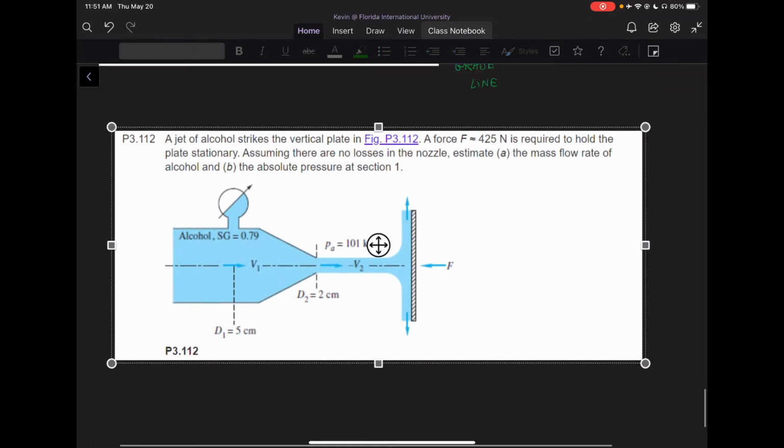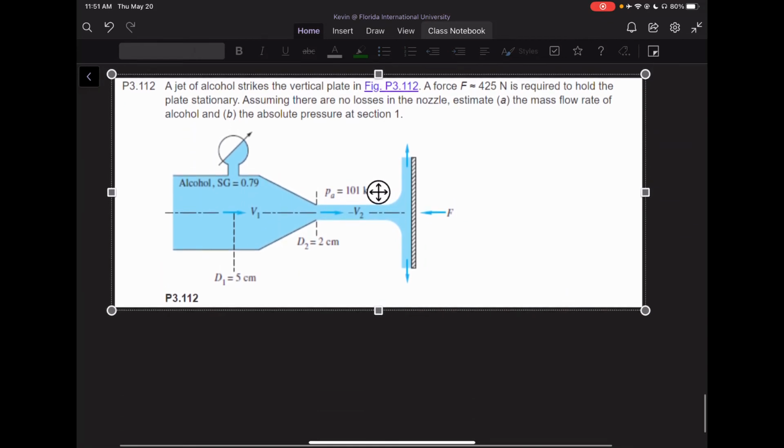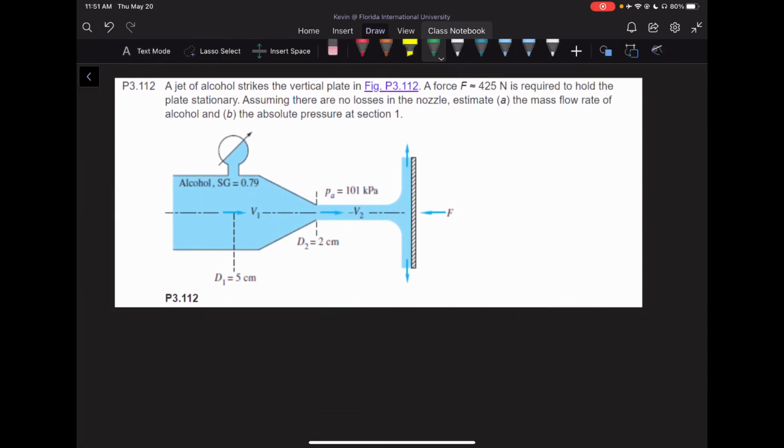The example says that we have a jet of alcohol that strikes a plate in the figure below. We're told that a force of 425 newtons is required to hold the plate stationary. This is a very similar problem to our previous example problem where we did some momentum analysis.